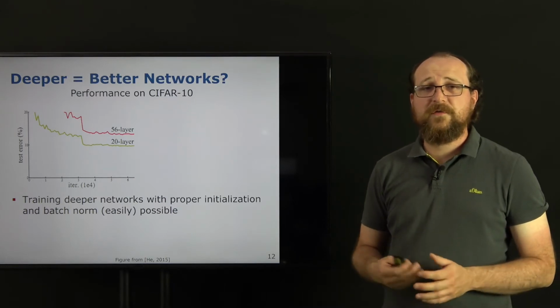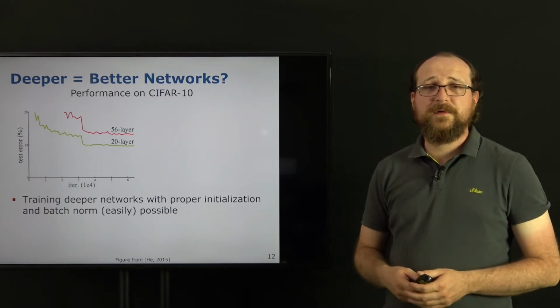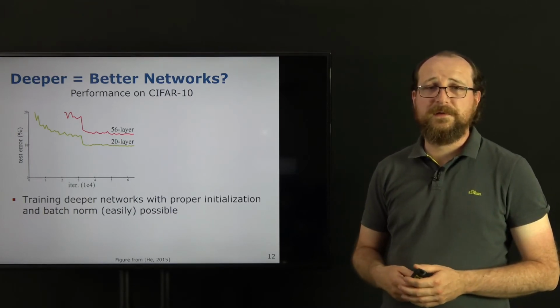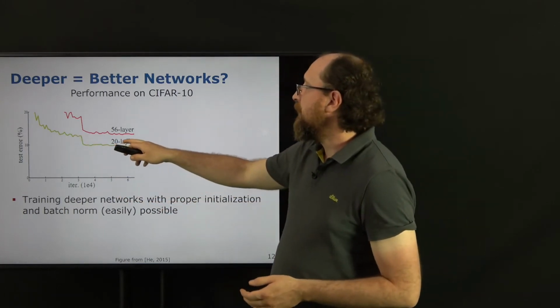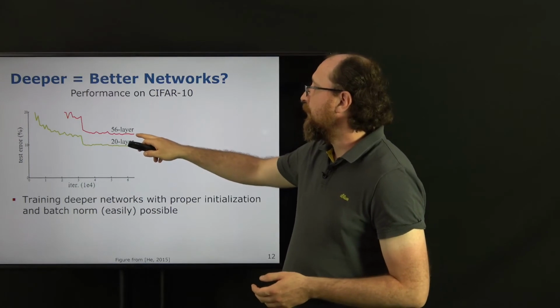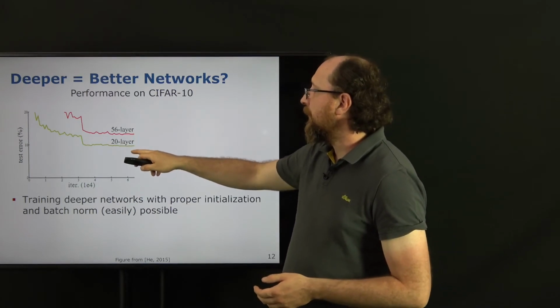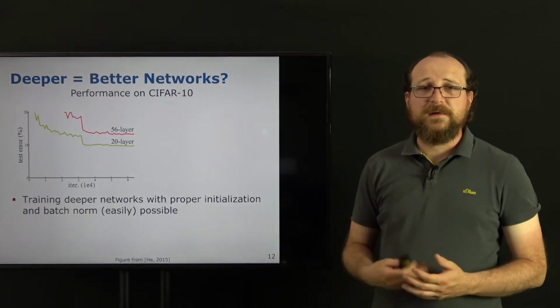For this, they trained a network with 20 layers and compared its performance with a network of 56 layers. When you look at the test error over time, you see that the 56-layer network saturates worse than the 20-layer network.